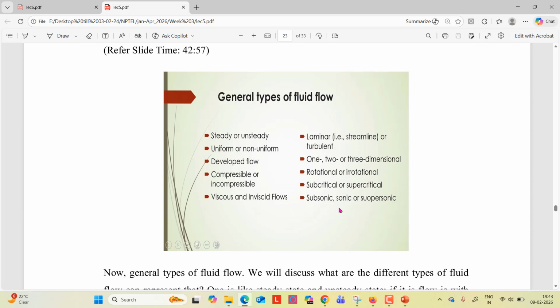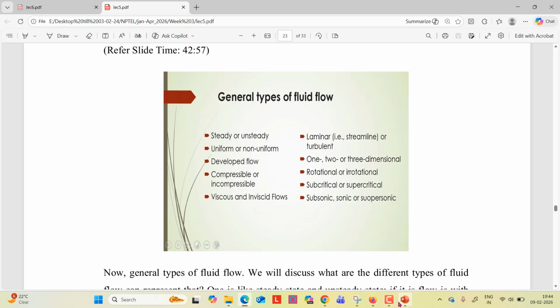For different types of fluid, like for pipe flow, there are different Reynolds numbers, and turbulent flow and laminar flow are defined by this Reynolds number, which is the ratio of inertial force to viscous force.